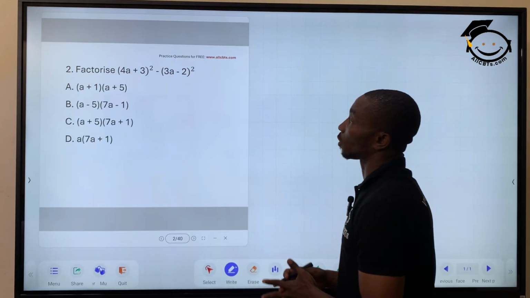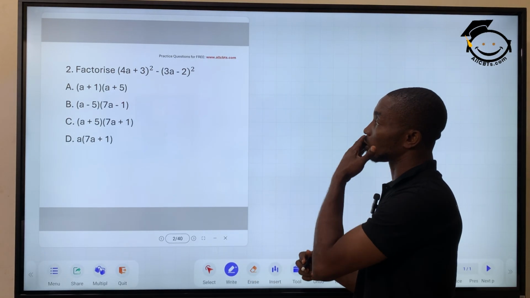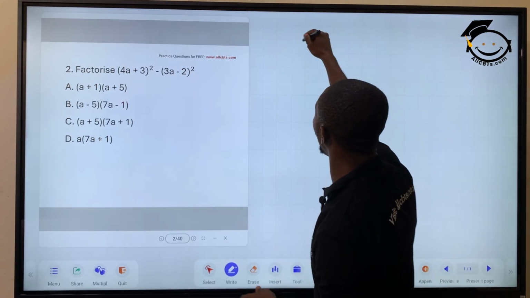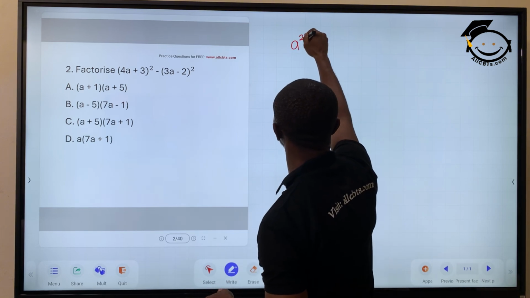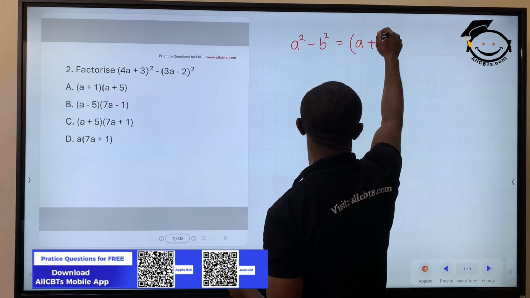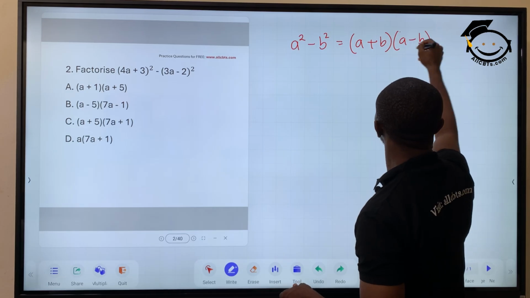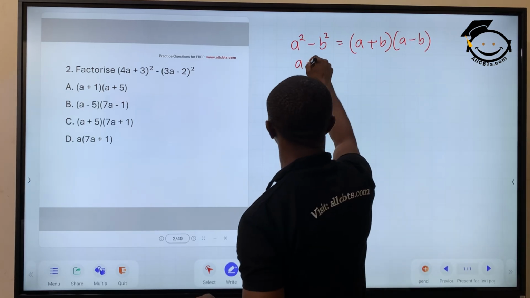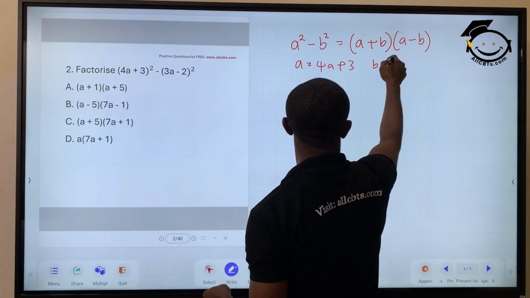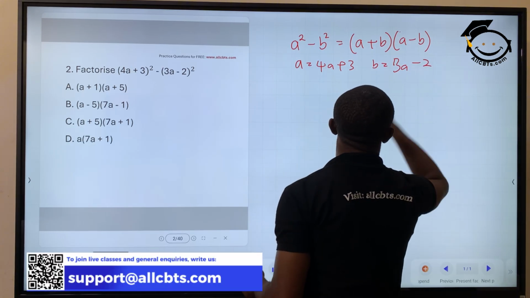Alright, our question says factorize 4a plus 3 all squared minus 3a minus 2 all squared. So applying the difference of squares method, we have a squared minus b squared equals a plus b, a minus b. Where a is 4a plus 3 and b is 3a minus 2.